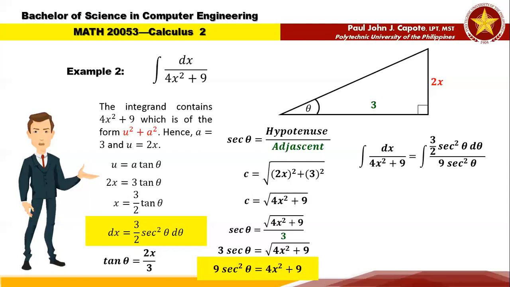So we have the integral of dx over 4x squared plus 9 is equal to the integral of 3/2 secant square theta d theta divided by 9 times secant square theta. Simplifying this, we can eliminate secant square theta.